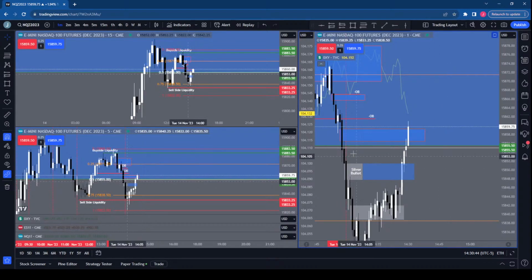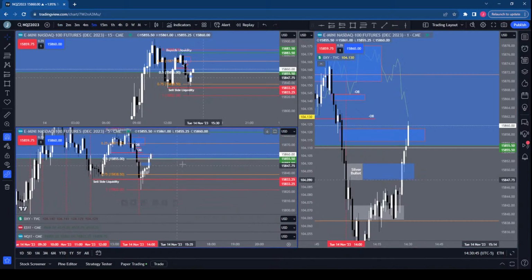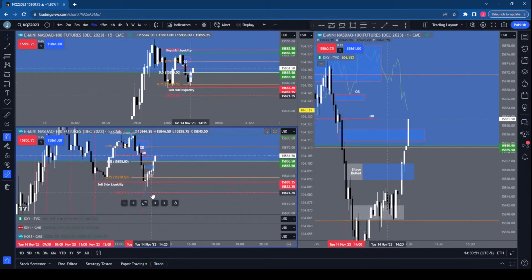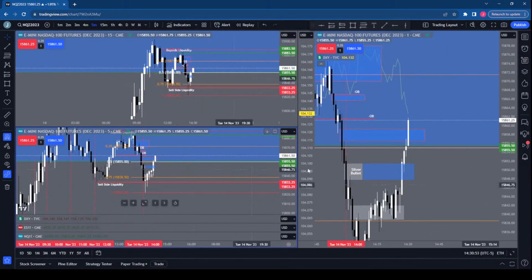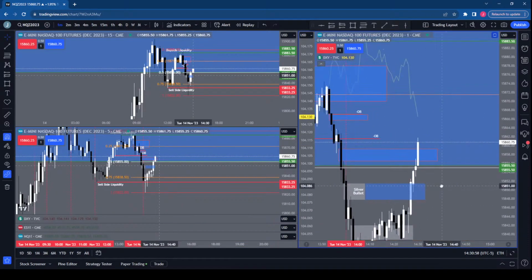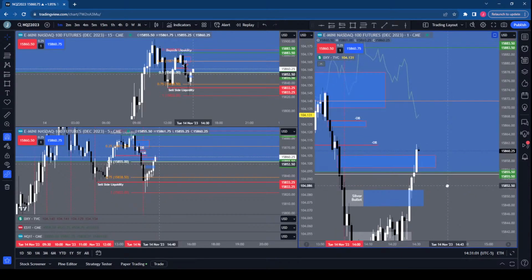I think we're going back up. Part of me was a little nervous that from this swing high to this swing low, this would be a retracement into a discount to send it lower. But with how heavy the dollar looks, I think we're going up.